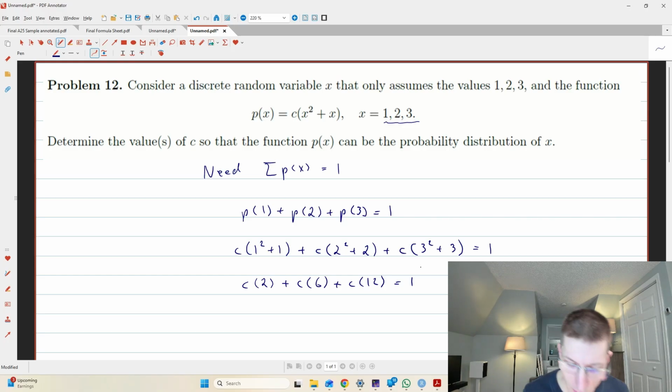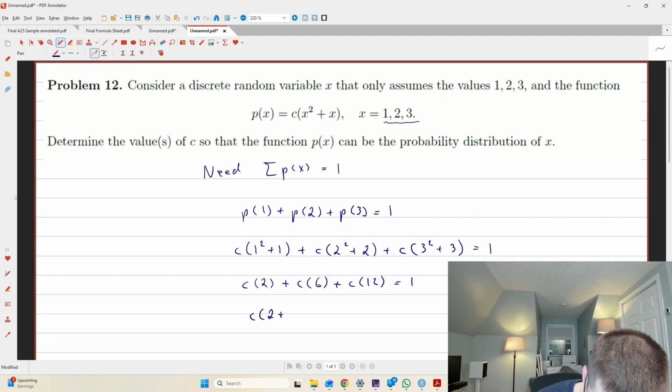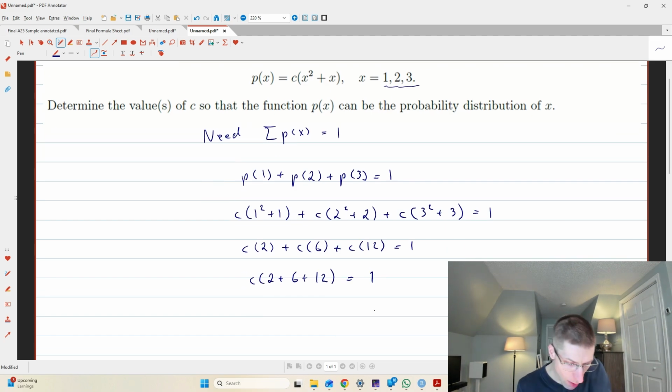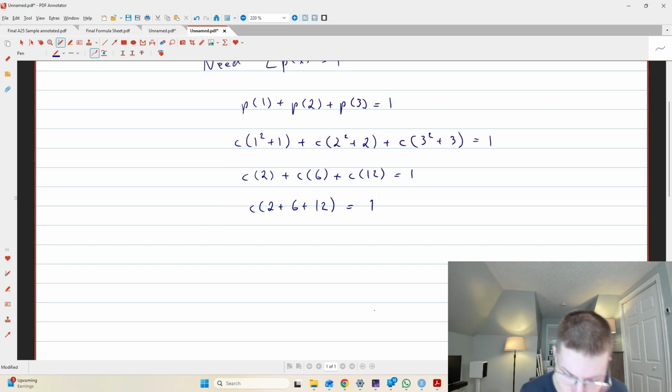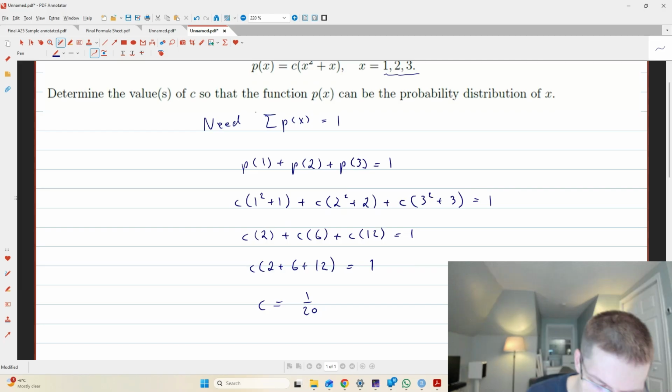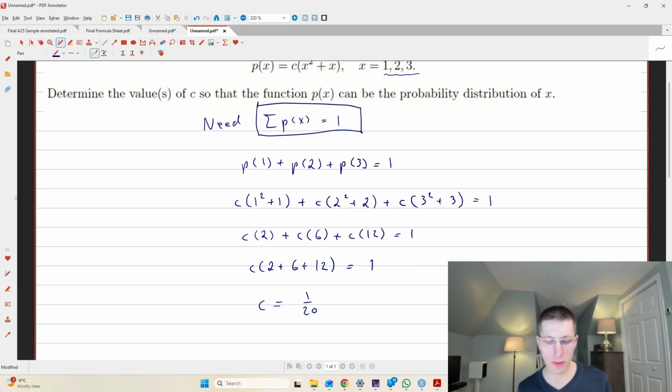So then if we factor out c, we get that c has to be 1/20th. So really the problem just boils down to recognizing that that's the appropriate constraint that determines what c can be. Okay, so once you know that, it's pretty straightforward.